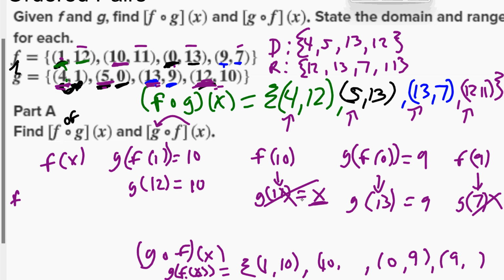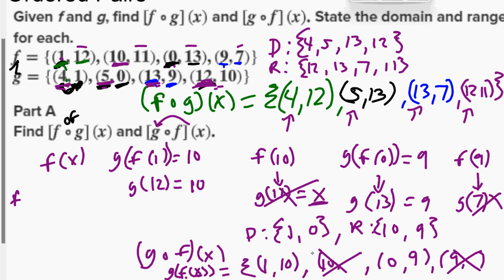Since they do not work, that means that these will not be in our domain or our range. So our domain for this one is just 1 and 0, in set notation. And then our range is our y values, 10 and 9.